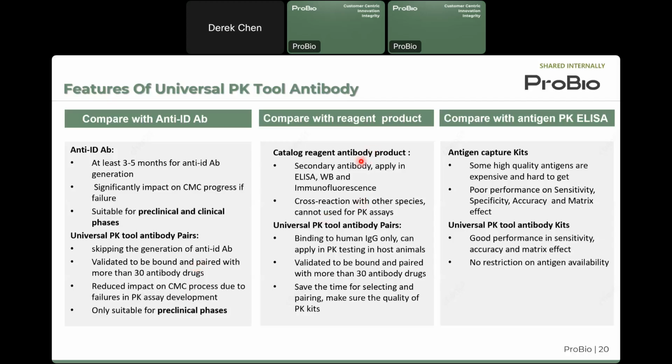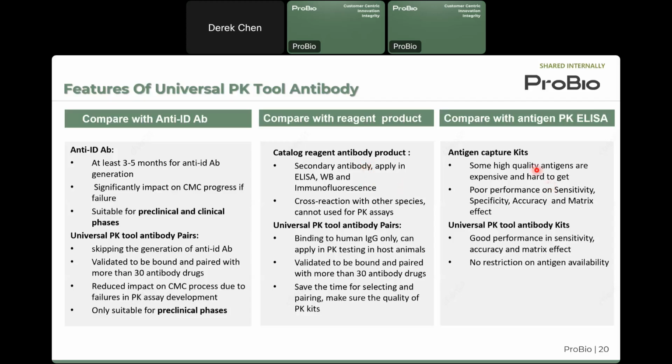Compared to the commercially available catalog secondary antibodies, universal PK2 antibody greatly improves the specificity and reduces the matrix effect.